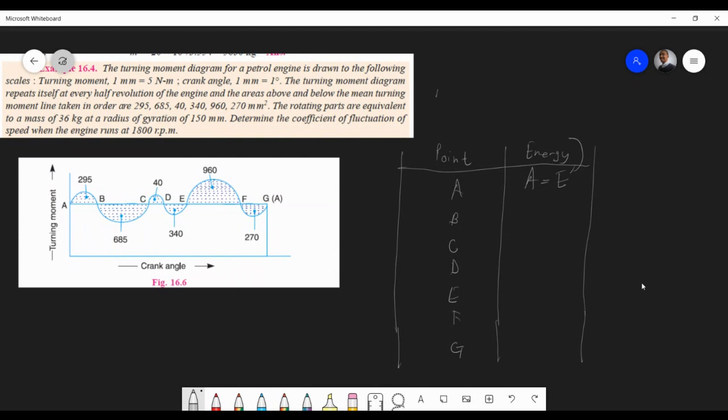I'm not particularly sure why, but you're always going to say A equals E anyway. It makes no difference. I'm not sure why they've adopted this notation.